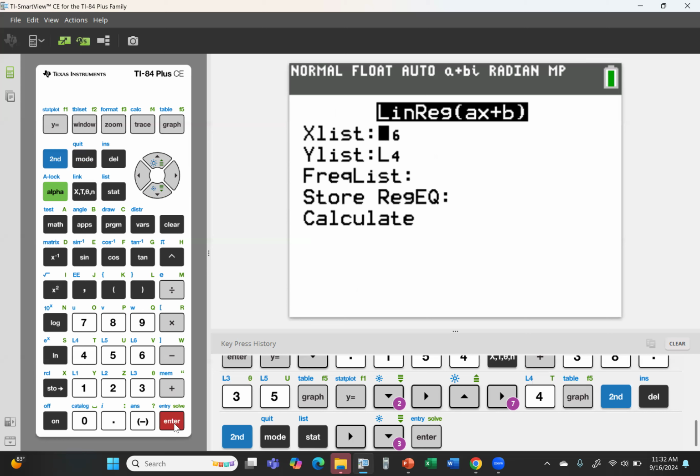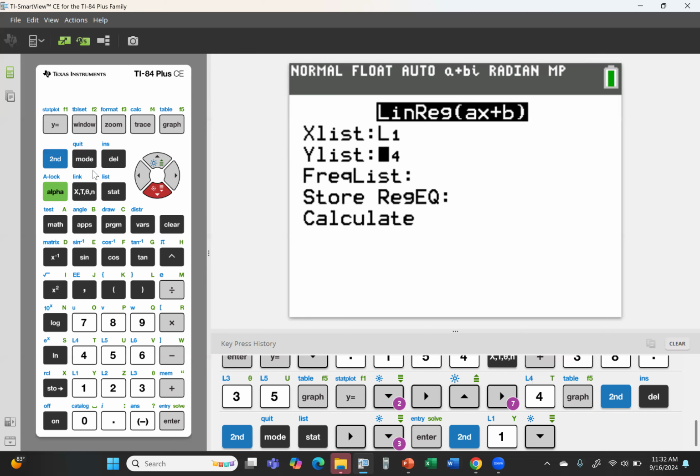And then I have to look at what data my calculator needs. It needs the list where you put your input values. Where did you put your X's? I put mine in L1. So I'm going to change that to L1. Second one. Where did I put my output data, my Y values? I put mine in L2.